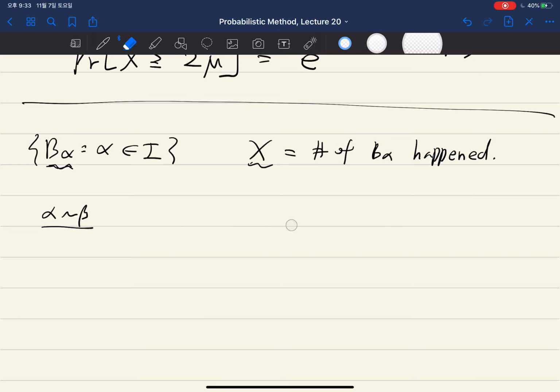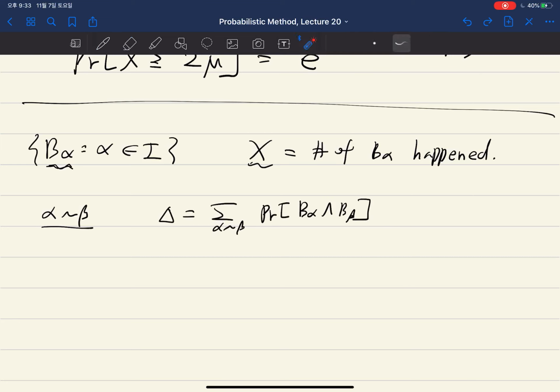Or, I mean, in many cases, these are small in several regions. Either these terms are small or the pairs which are related are small.